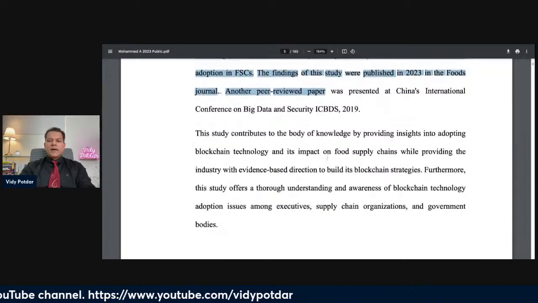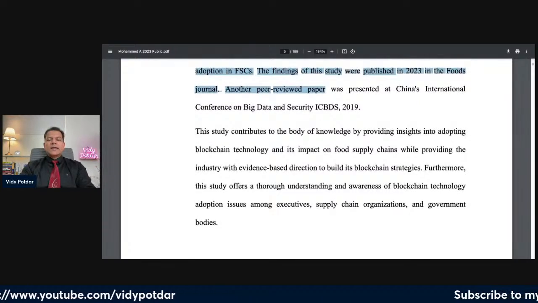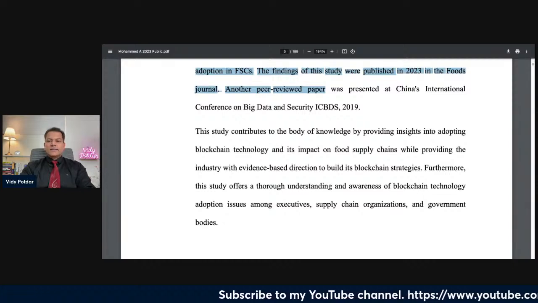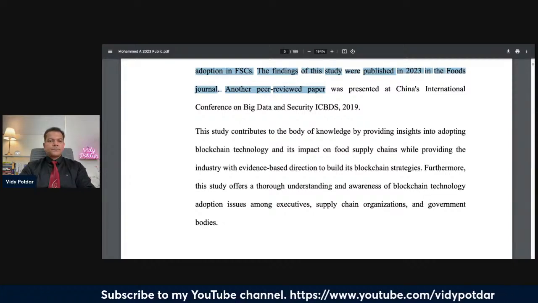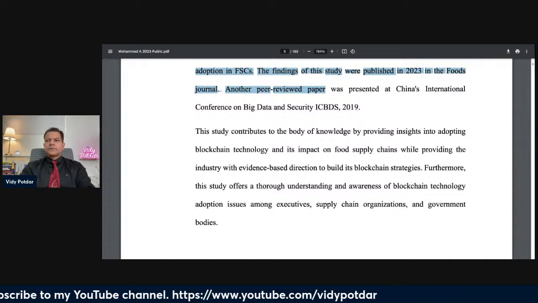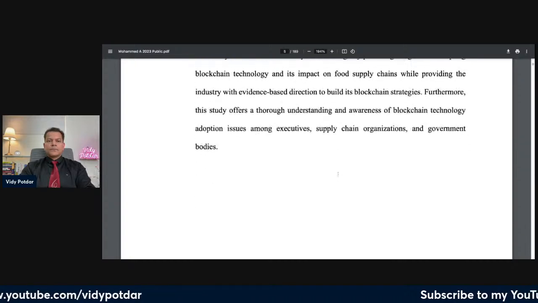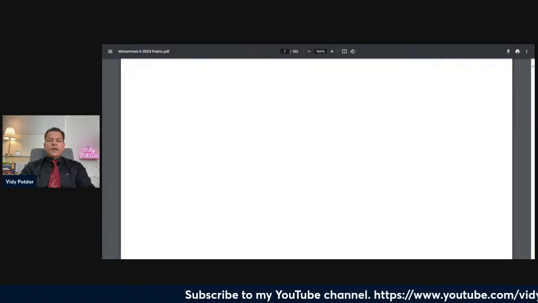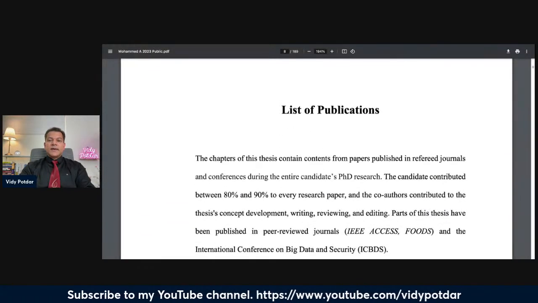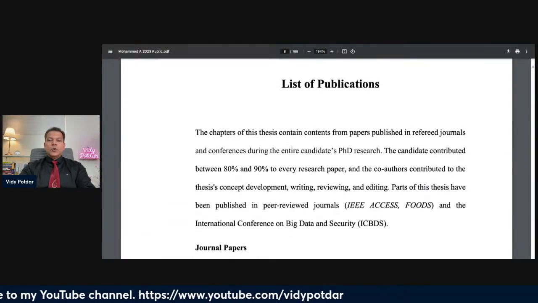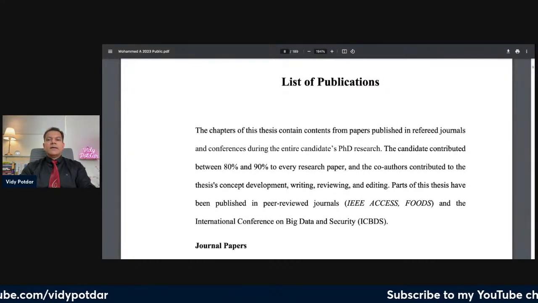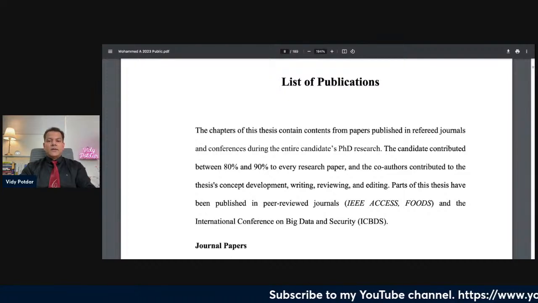So by reading the abstract, I get a very good understanding of what I can expect when I read this thesis. Okay, so if an abstract is written properly, then just by reading the abstract, you will get to know the important things that you want to explore or understand from that particular thesis.